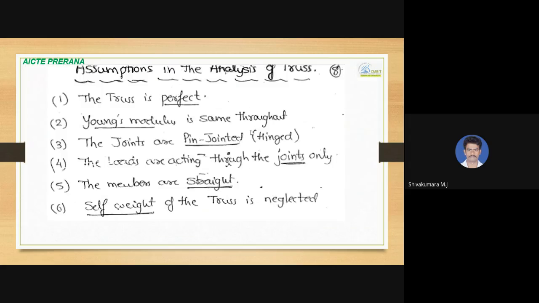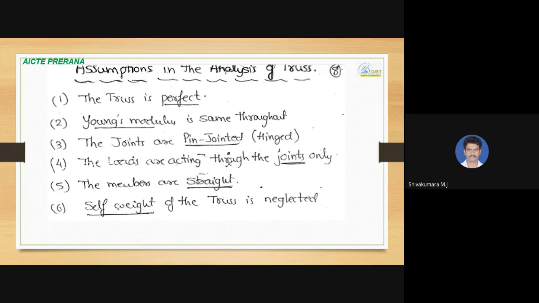Before analyzing the truss by either method, the method of joints or the method of sections, we need to know the assumptions made in the analysis of trusses. Assumption 1: the truss is perfect and the modulus of elasticity is the same throughout the length of the members.